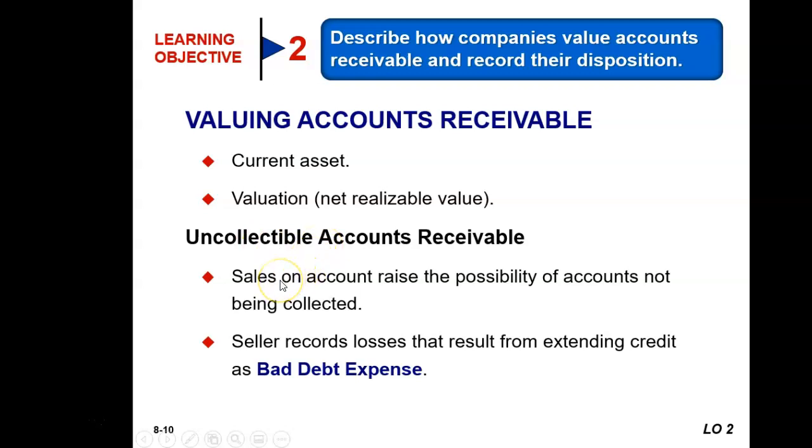Those are sales that were made on account that may not be collected. So what we're saying is that, once again, when you allow your clients or customers to pay you over time, when you extend credit, understand as a business, you're not going to collect all the money owed to you all the time from all of your customers.